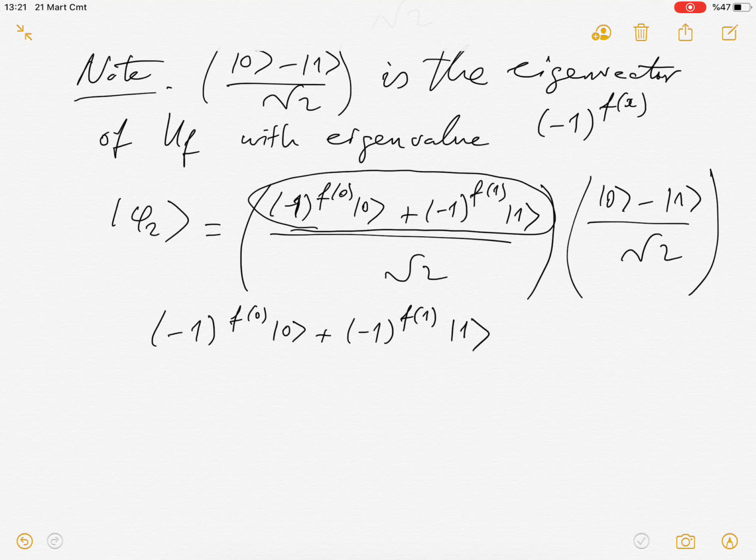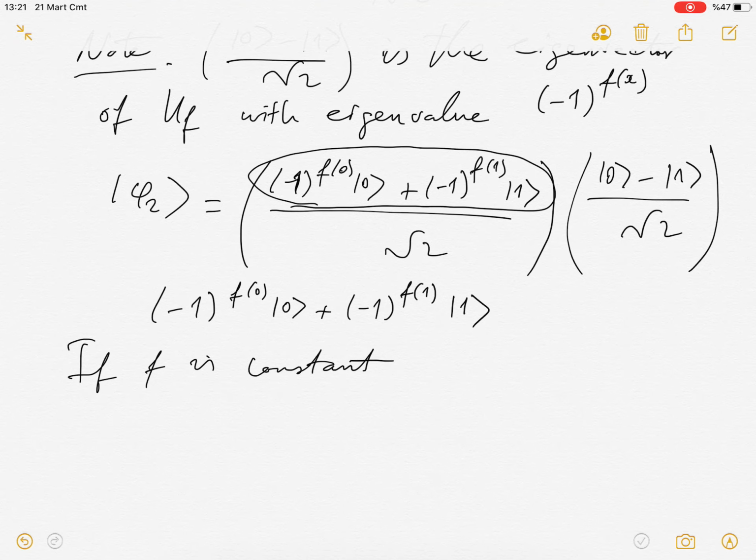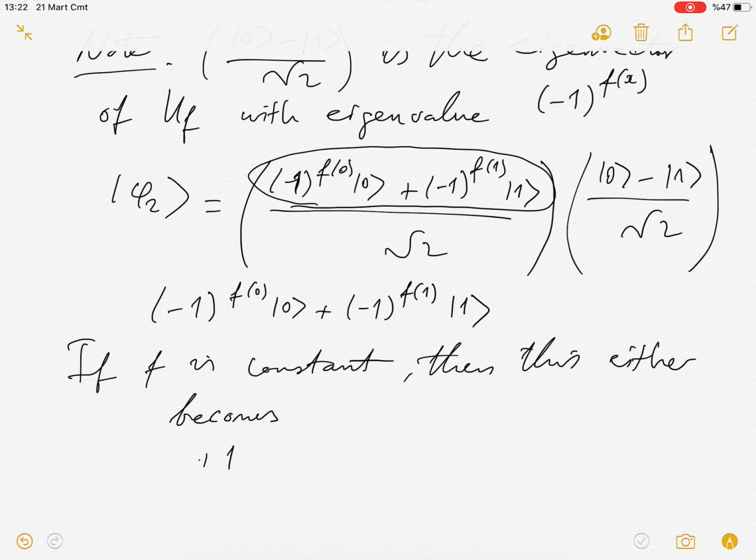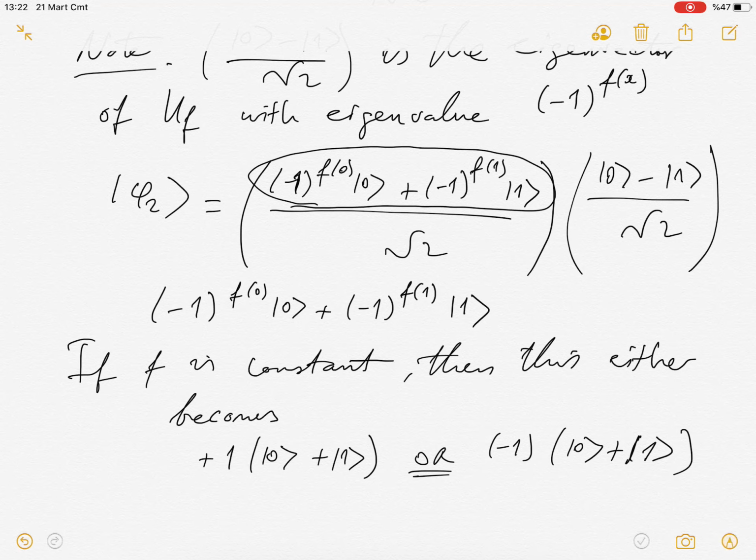Now, if f is constant, then the above expression either becomes plus 1 times (ket 0 plus ket 1), or it becomes minus 1 times (ket 0 plus ket 1), right?